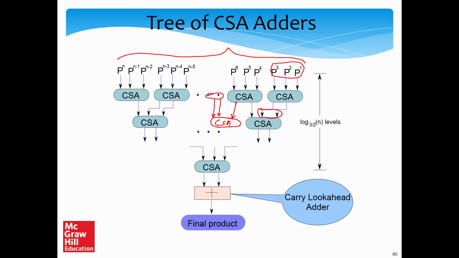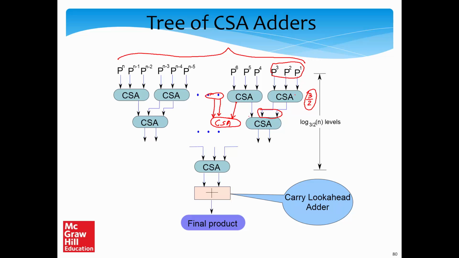So basically each carry save adder here is decreasing the number of inputs by 3 to 2, right? So if there are 3x inputs here, there are 2x inputs in the next level. So what we do is that we create a tree of adders where we start with the partial sums and keep on adding them.